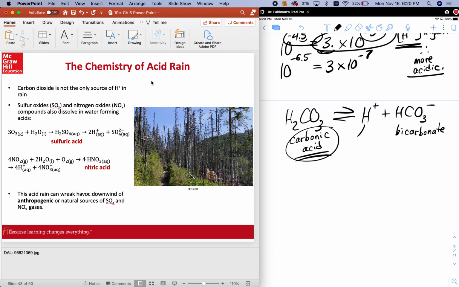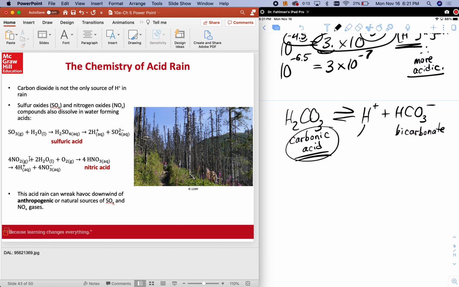All right, so as I said, carbon dioxide concentration is really not enough to cause noticeable acid rain. Really, acid rain is produced from what we talked about in chapter 2. So it's the sulfur and nitrogen oxides. Okay, and so when you have, let's say, sulfur trioxide with water, that gives you sulfuric acid, which is a strong acid. And so you get 2 protons in this case for every mole of H2SO4.